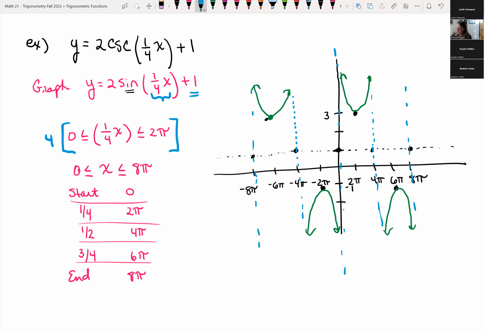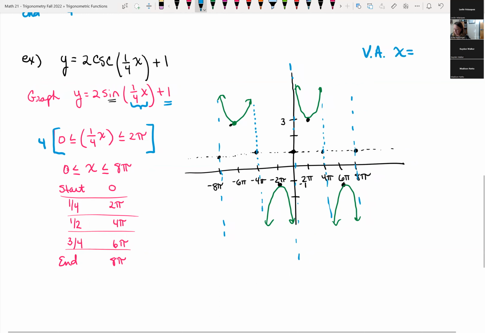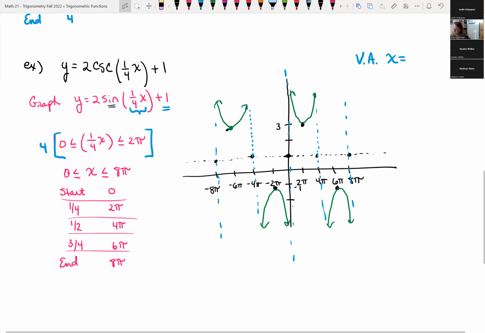And from here, I can see that my vertical asymptotes are when x is equal to, so notice that these values 0, 4 pi, 8 pi, we can do that as 4k pi, where k is an integer.